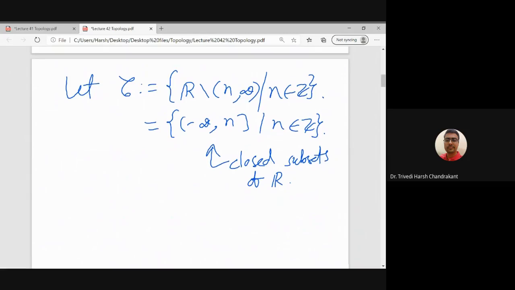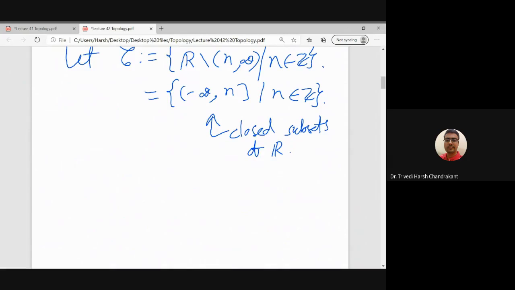Okay, fine. So now the question is that C is the collection of closed subsets corresponding to the given family A. We want to check whether the total intersection of C is the null set or not. That means we need to check the intersection over n belongs to Z of the interval minus infinity to n.